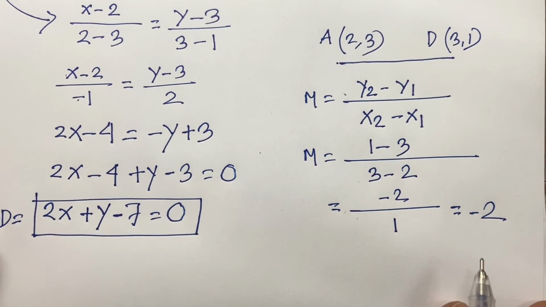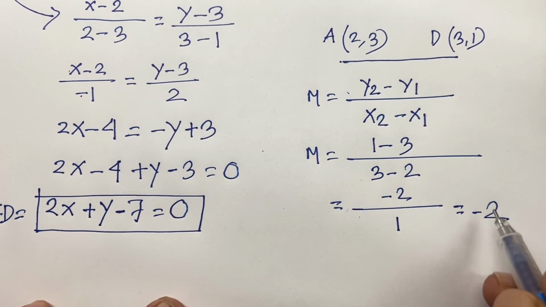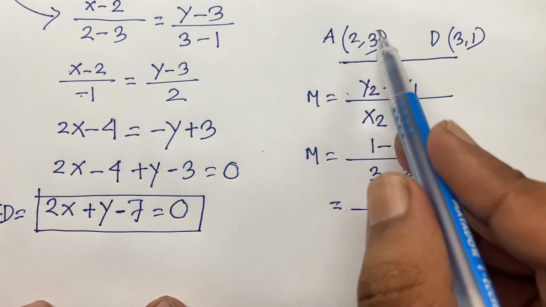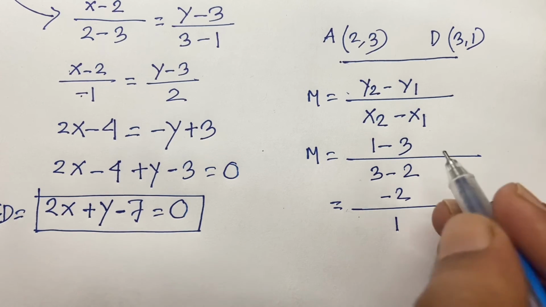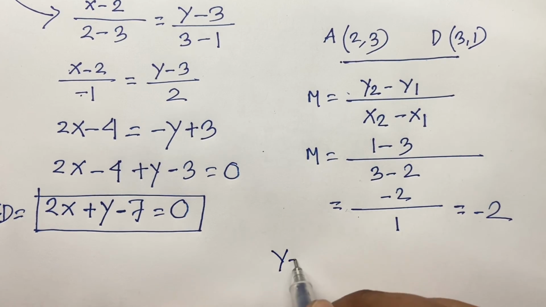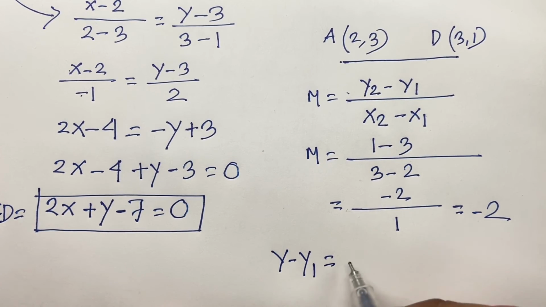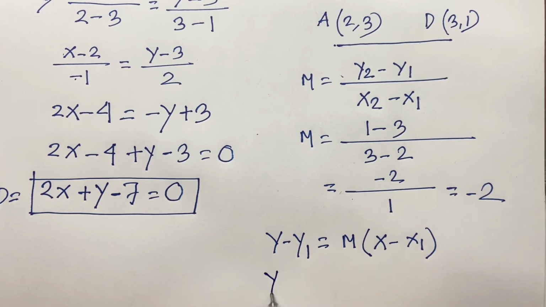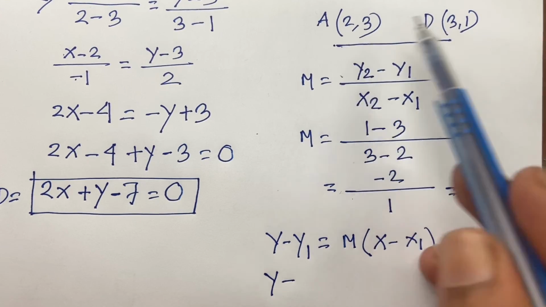Now if you know the slope of a straight line and you know any point, the formula is y minus y1 is equal to m times (x minus x1). So look, you can use any point.